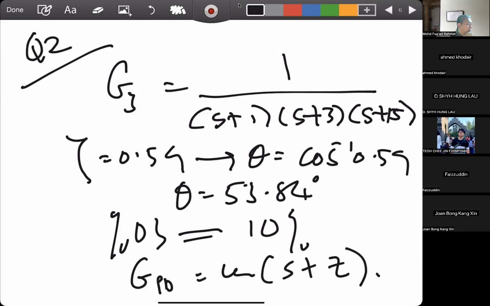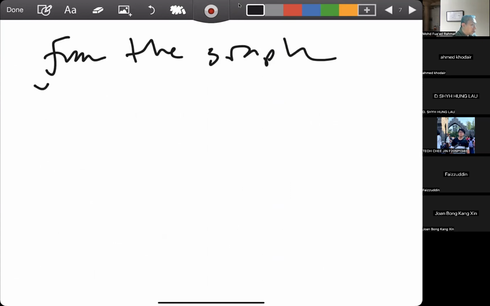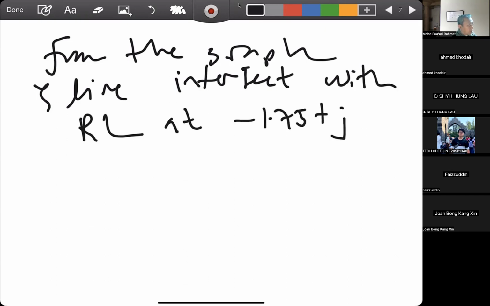Okay. We know that from the graph, the zeta line intersects with the root locus at minus 1.75 plus j 2.39.